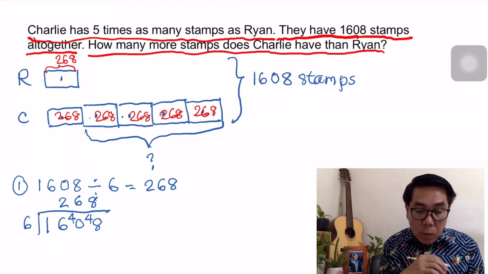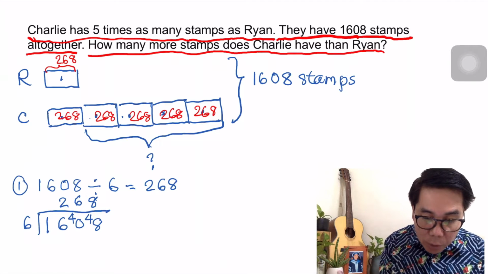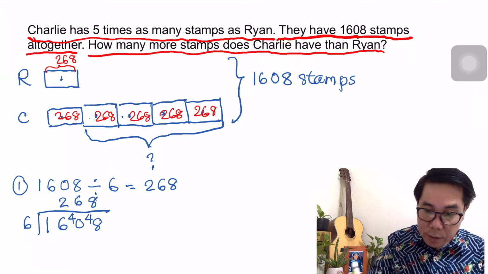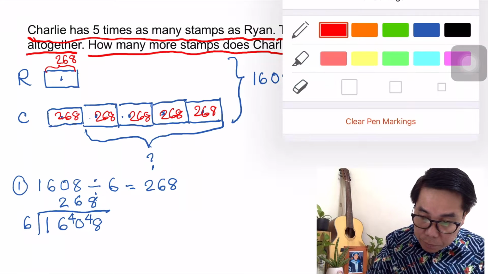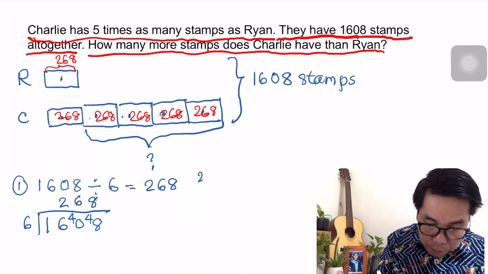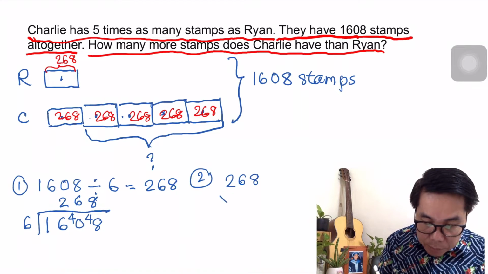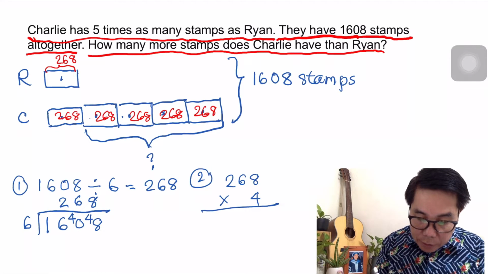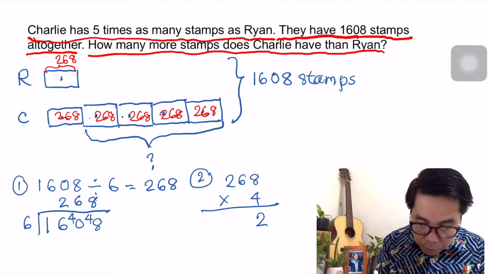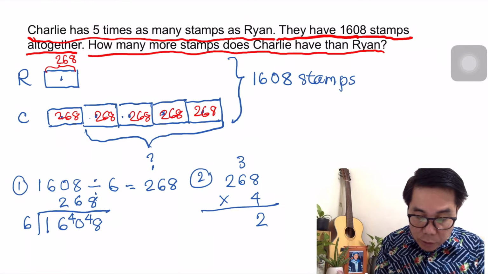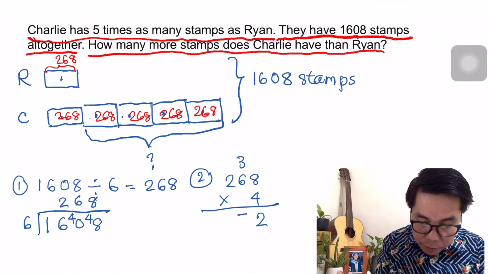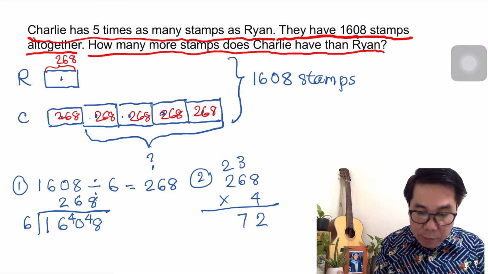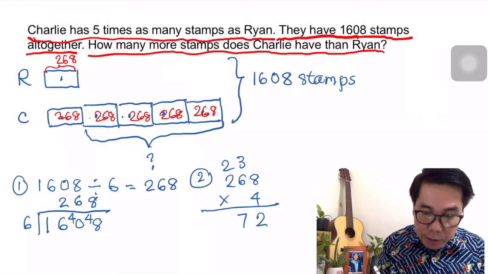Now we're looking for how many? 1, 2, 3, 4 bars. So solution number 2, we have 268 times 4. So we have 4 times 8 is 32, regroup 3. 4 times 6 is 24, plus 3 is 27, regroup 2. 4 times 2 is 8, plus 2 is 10.